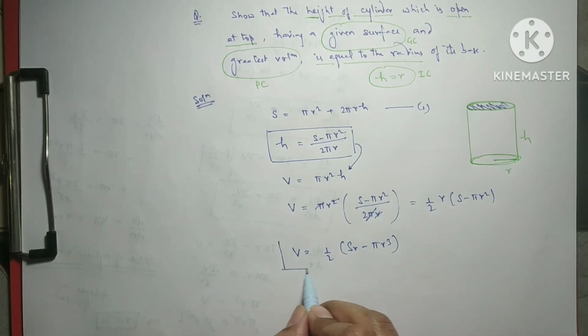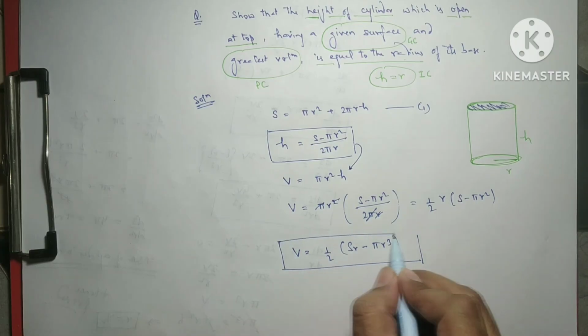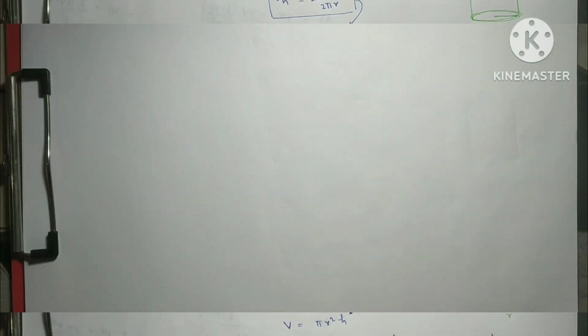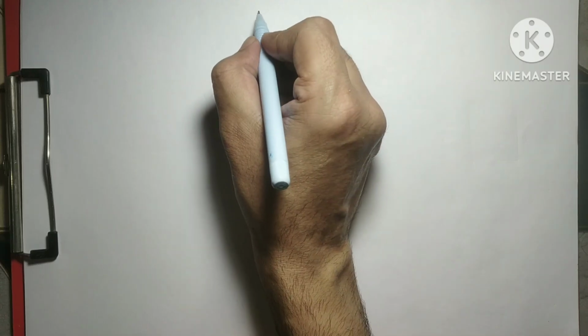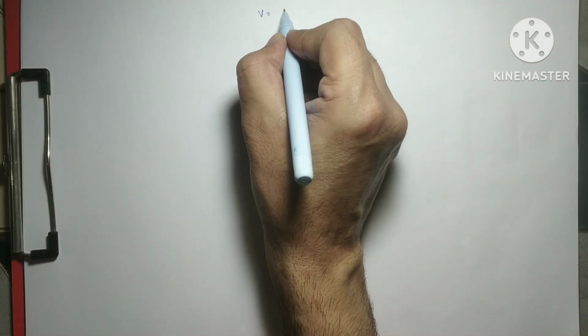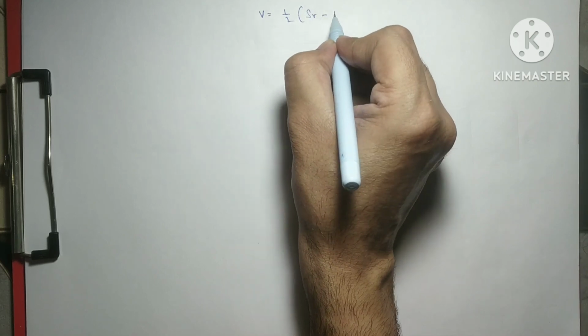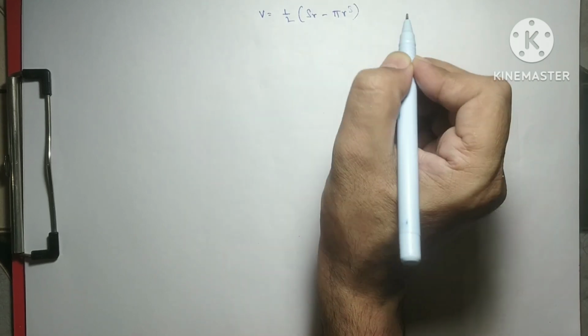So this is the volume expression on which we will apply second derivative test. So we have volume expression, v is 1 by 2 sr minus pi r cube.